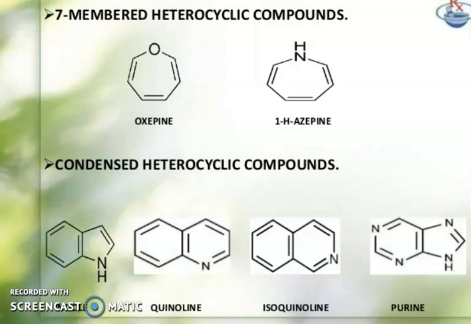Condensed heterocyclic compounds, these are examples: you can see here indole, quinoline, isoquinoline and purine.